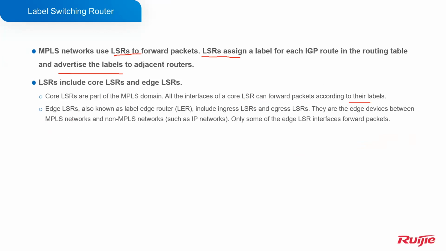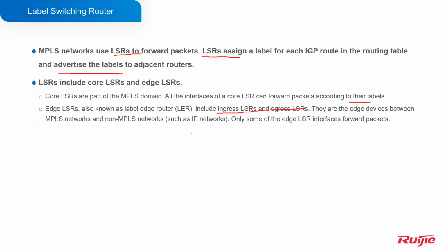But about the edge LSR, we have the ingress LSR and also the egress LSR, right? We have two types, and we also call the edge LSR the LER. They are the edge devices between the MPLS network and the non-MPLS network. The typical non-MPLS network is an IP network.